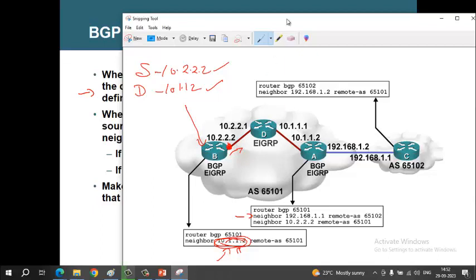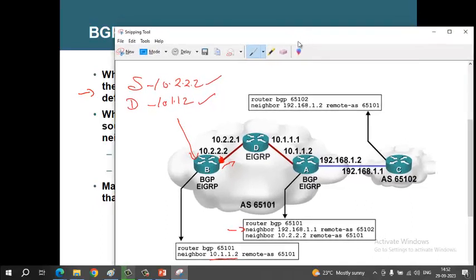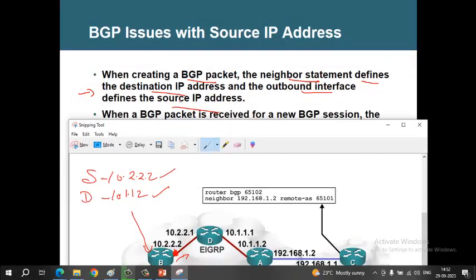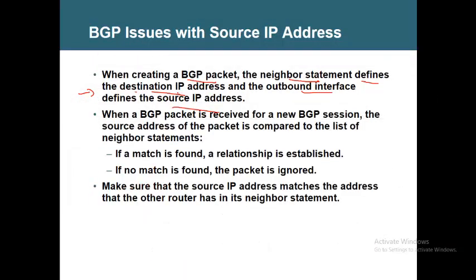So we can form a neighbor with the remote router, and B is configured to form a neighbor with A. So that becomes the destination IP address because it is there in the router BGP neighbor statement. Now let's go to the next paragraph.